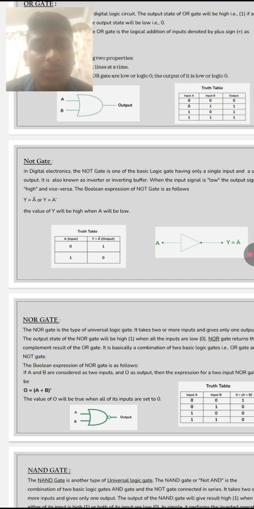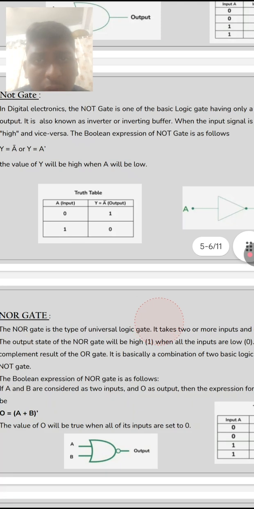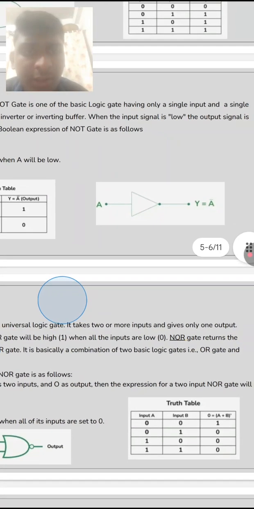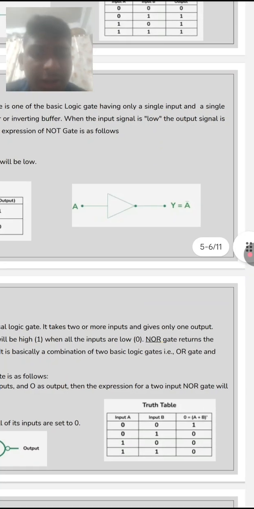The Boolean expression of the NOT gate is as follows: Y is equal to A bar. The value of Y will be high when A is low. The truth table of the NOT gate is shown. Then we can see the diagram.